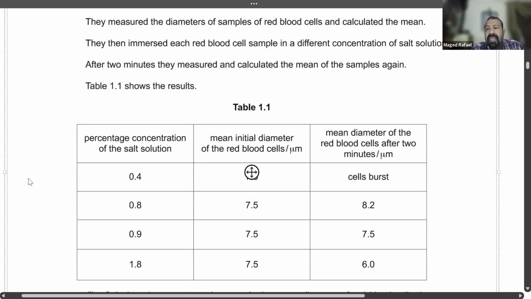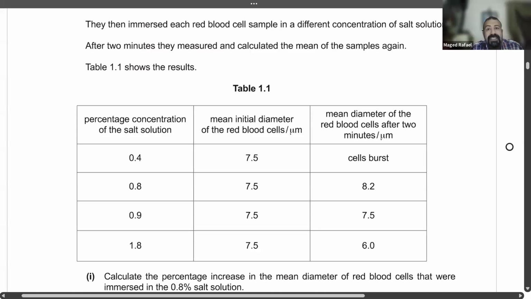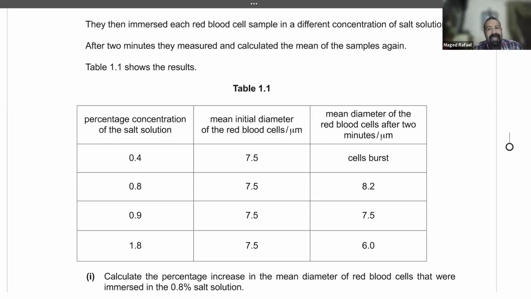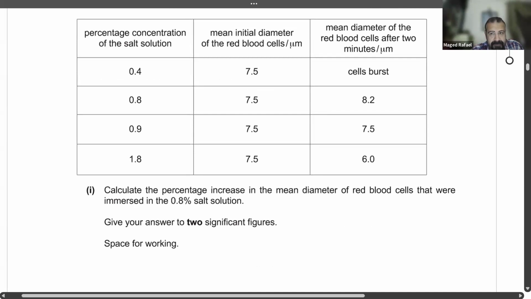When we start reading this, we will understand that this question is related to cell transport and the difference in either diffusion, osmosis, or movement of particles. We got the idea of the question. After 2 minutes, they measured and calculated the mean of the samples again, and they recorded the results in a table.